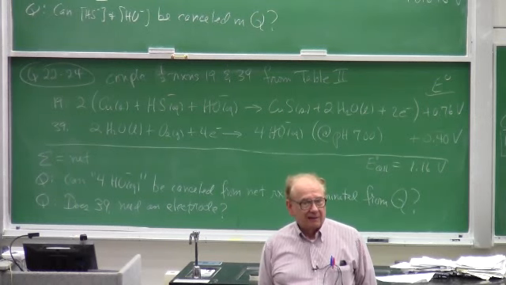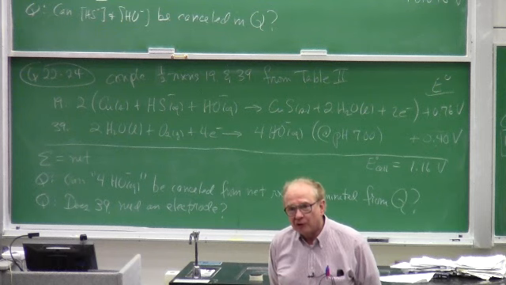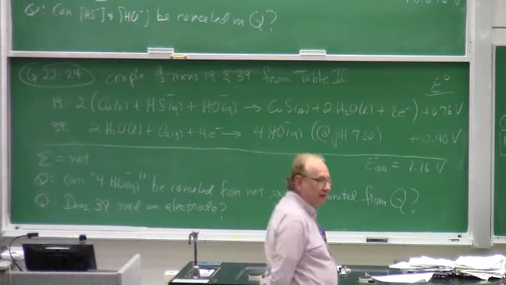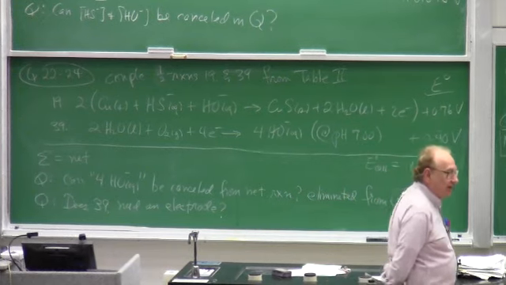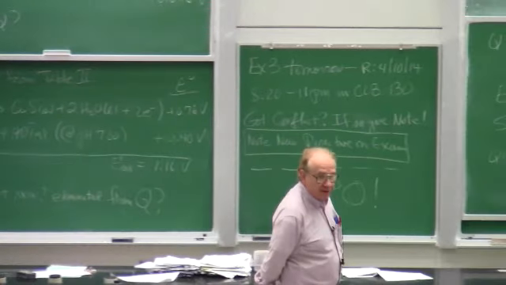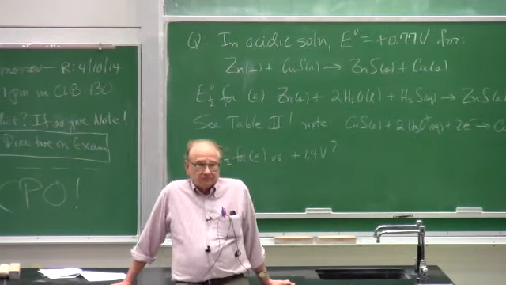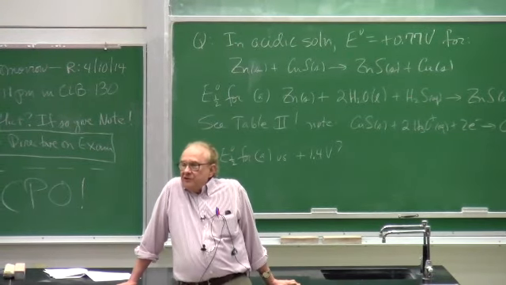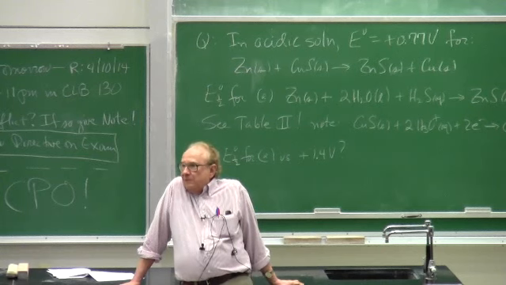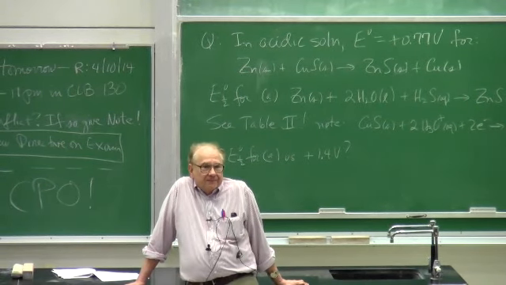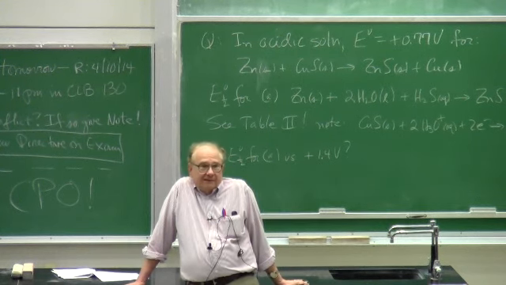Now, if you want something to be a stronger reducer, look at the half reactions involving hydrogen. Because each half reaction, as written in the table, which contains hydrogen, reflects hydrogen as a reducer. Under what pH conditions is hydrogen the most potent reducer? Acidic, basic, or neutral? Do you see basic? Good.